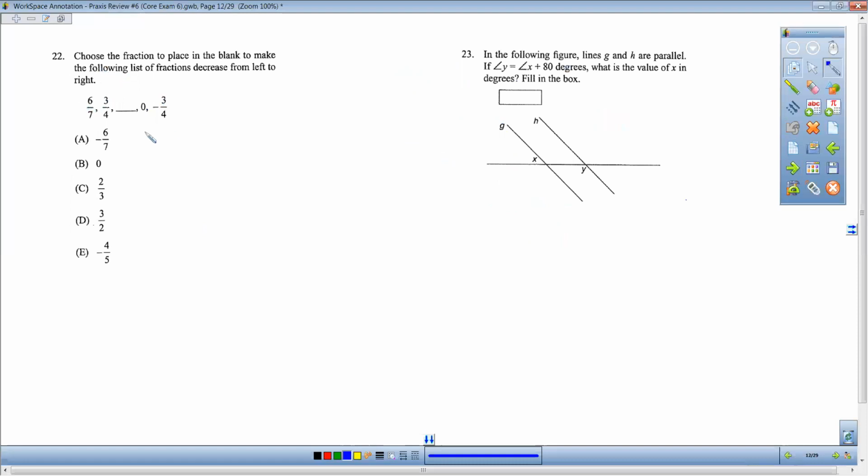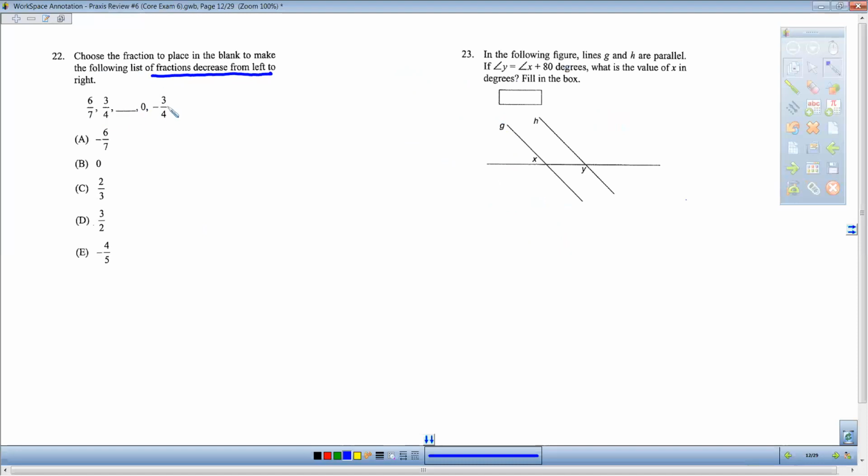This one, you've got a list of fractions, and it says choose the fraction below to complete the list, and the fraction should decrease from left to right. So we're getting larger to smaller, and we need to know what fraction will go in between.